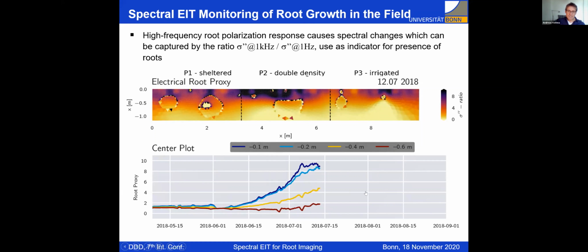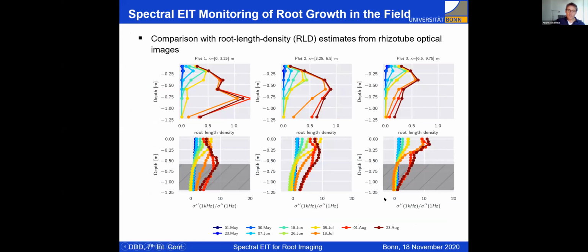And the nice thing and the important thing now for evaluating this method for its capability for the field application is that we had also rhizotubes installed where optical measurements were done and the images analyzed, and from those root length density estimates were inferred.